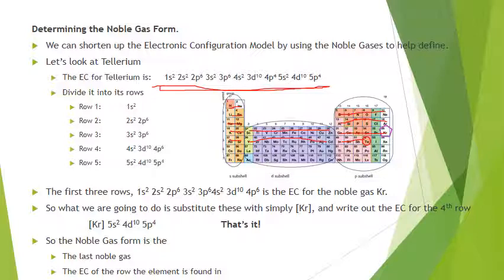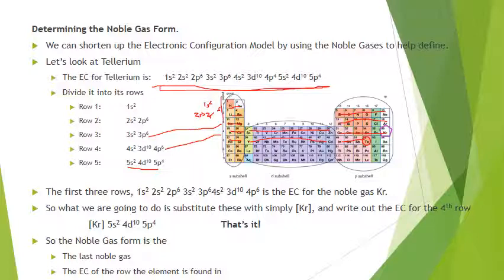So I'm actually going to divide it up in rows. Row 1 is 1s2. Row 2 is 2s2, 2p6. Row 3 is 3s2, 3p6. Row 4 is 4s2, 3d10, 4p6. And the last row is 5s2, 4d10, 5p4.